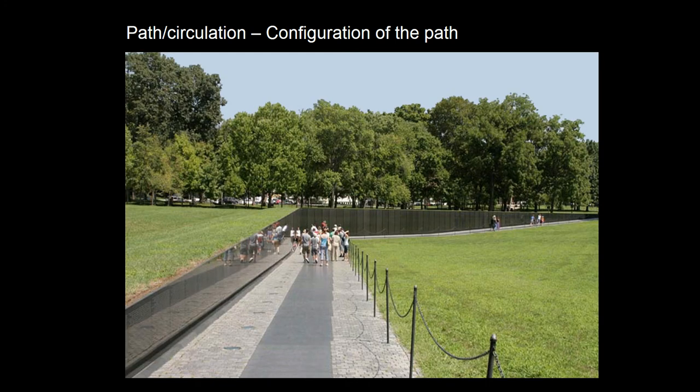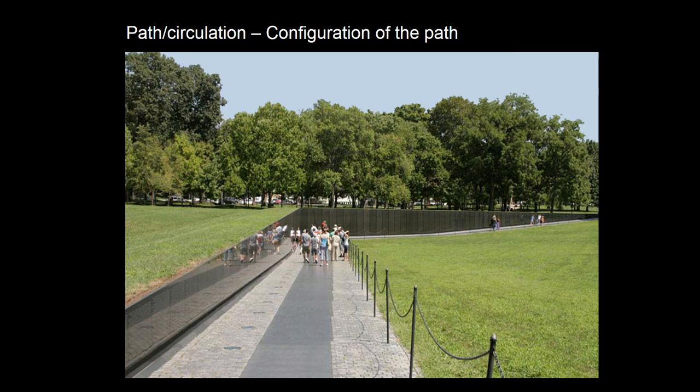Okay? Here's another example of configuration of path. Anybody been to this? No? This is the Vietnam War Memorial in Washington, D.C. Fantastic place. Depressing and sad at the same time, visually stunning, especially at night. At night, it's phenomenal. If you ever get a chance to go there, go to the Vietnam War Memorial at night.